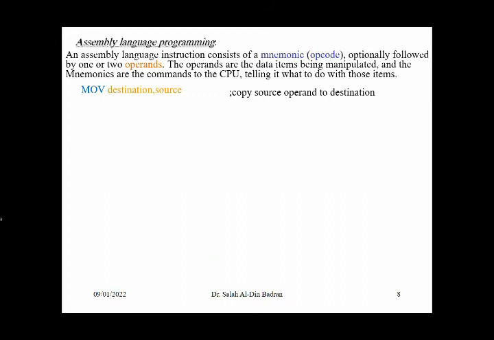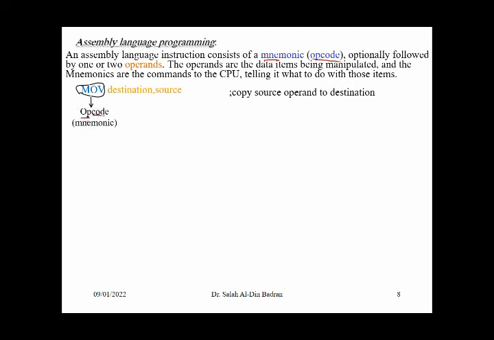What this instruction in assembly language says is: copy the source operand, because this is the opcode. This is the mnemonic or opcode that will do some specific operation, operation code.